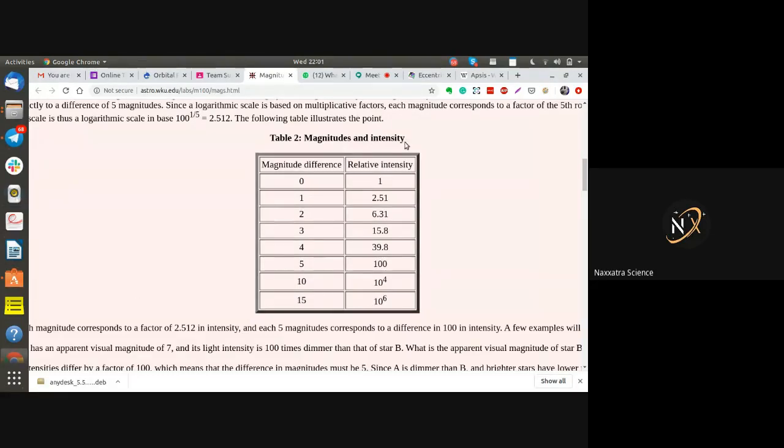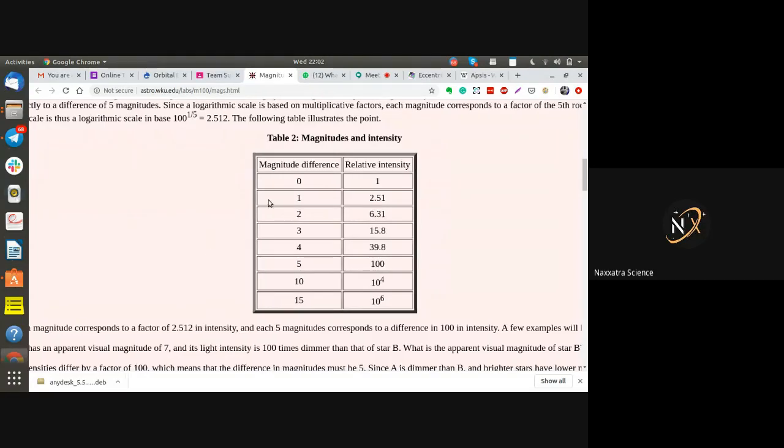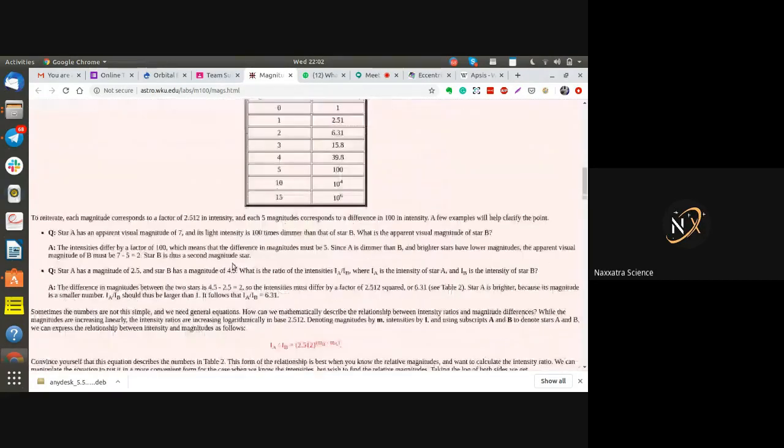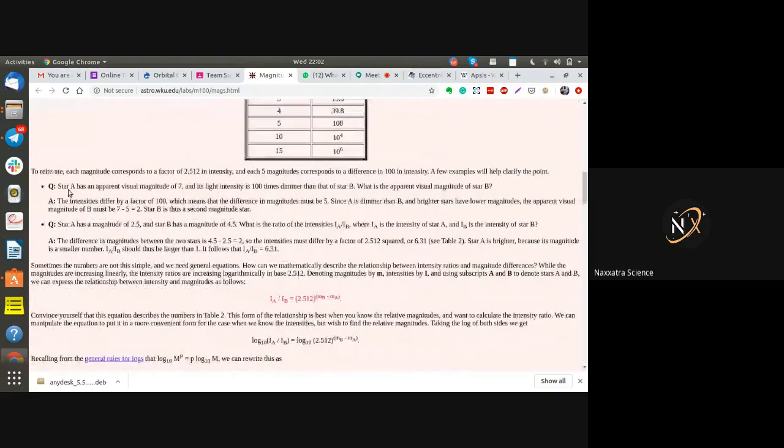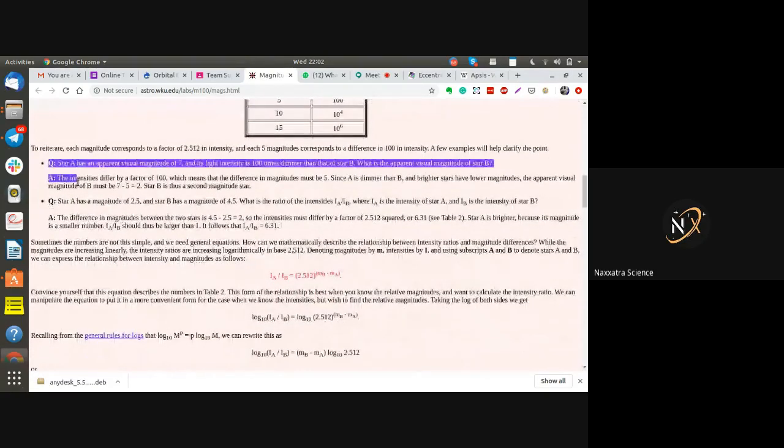So what a logarithmic scale does is take this huge, wide scale, from 1 to a million, and compress it down to 0 to 15. That's the power of having these in the logarithmic scale. It's also easier to do calculations this way. So we'll be solving some of these problems.